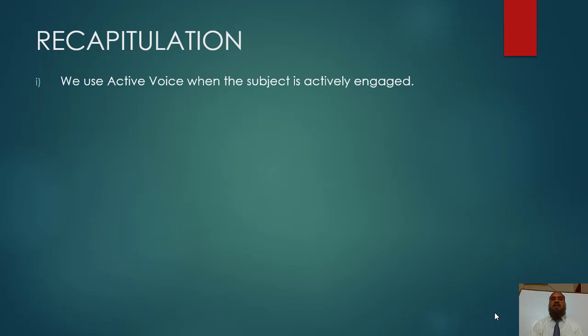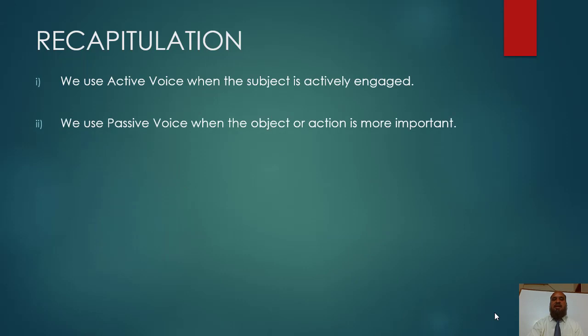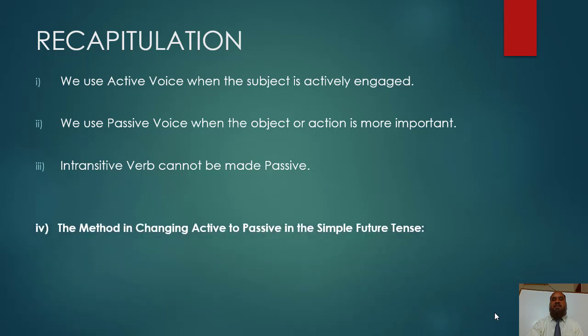Dear students, let us recapitulate our today's learning. At first, we use active voice when the subject is actively engaged. Secondly, we use passive voice when the object or action is more important. Number 3, intransitive verb cannot be made passive.